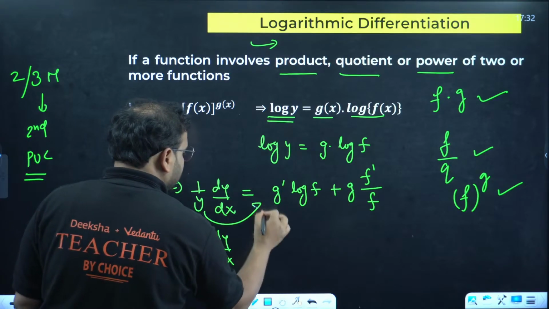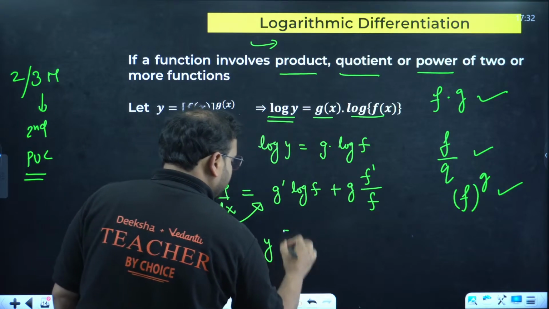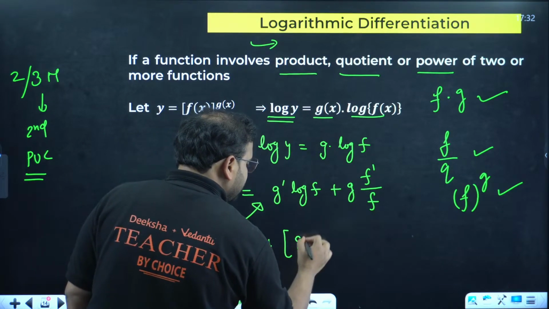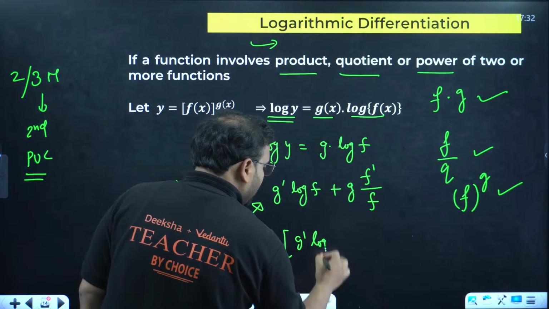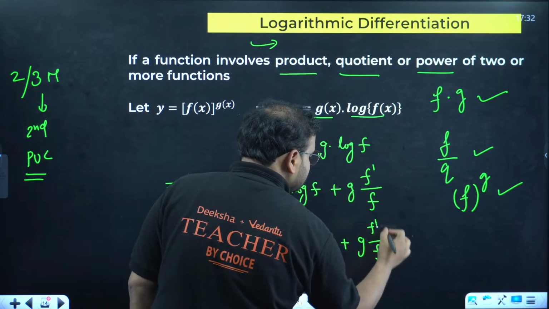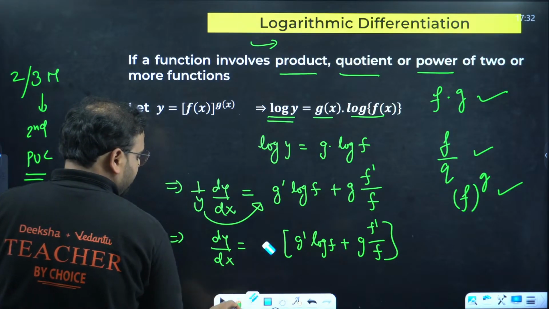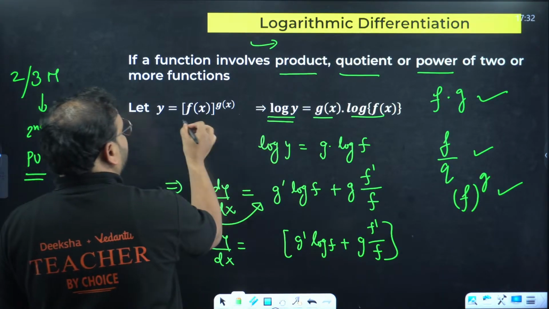Take this y on this side, you get the answer as y times of g dash log f plus g times of f dash upon f. And if you replace this y over here, what is the y value? f power g.